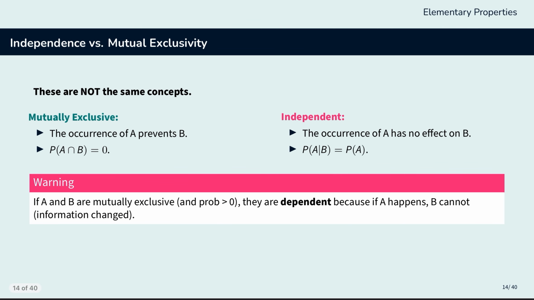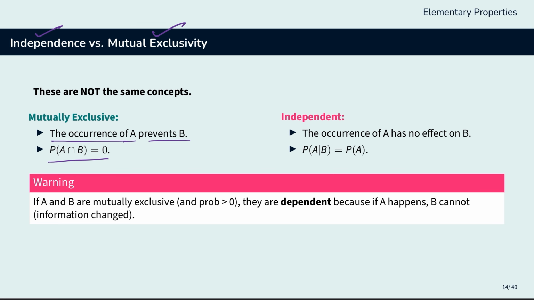The next one is, what is the difference between independent and mutually exclusive events? Even though these look the same, they are not the same concepts. Mutually exclusive means the occurrence of A prevents the occurrence of the second event B, so the probability of A and B occurring is always equal to 0.